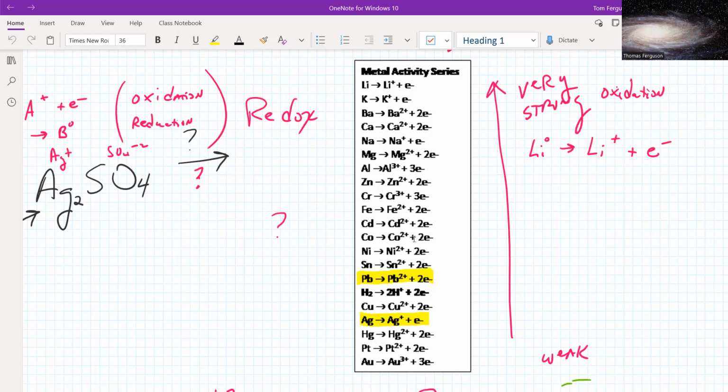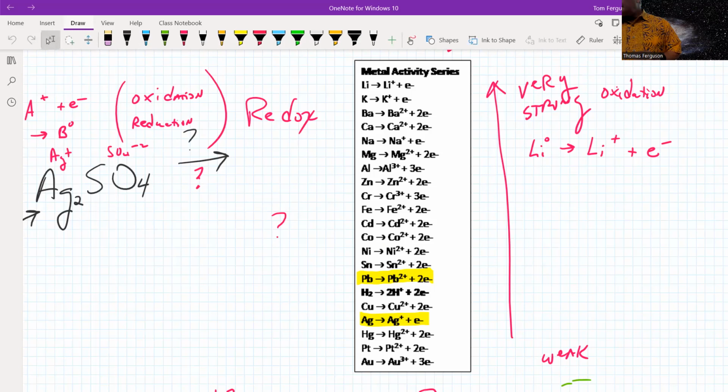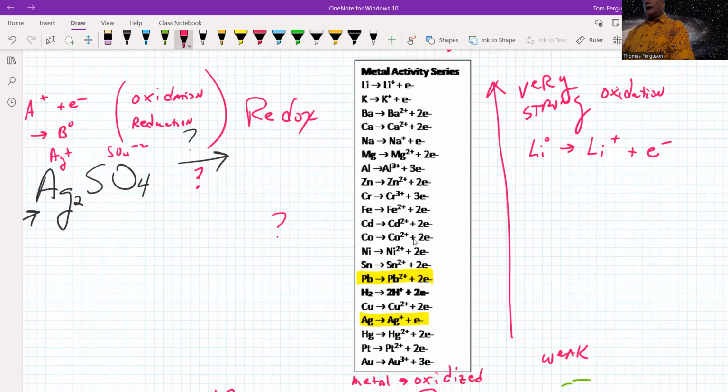Sometimes you'll have no reaction because one is a weaker oxidant than the other. So on this list, we go from metal to oxidize.